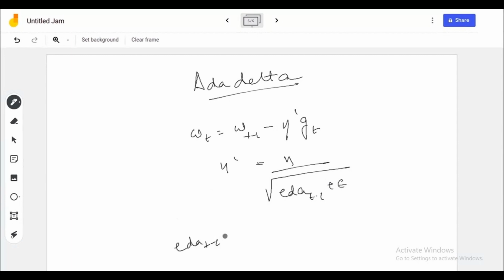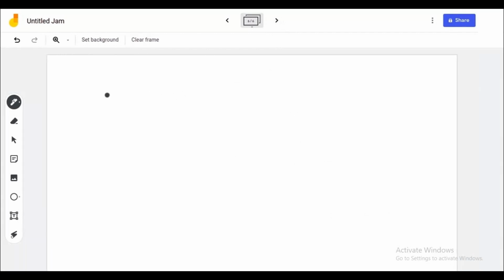EDA t minus 1 is equal to gamma times EDA t minus 2 plus 1 minus gamma times g t minus 1 square. So what that means is, let me write that again. EDA t minus 1 equals gamma times EDA t minus 2 plus 1 minus gamma times g t minus 1 whole square.